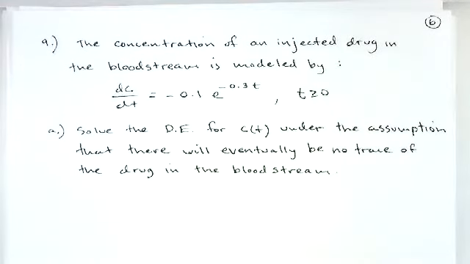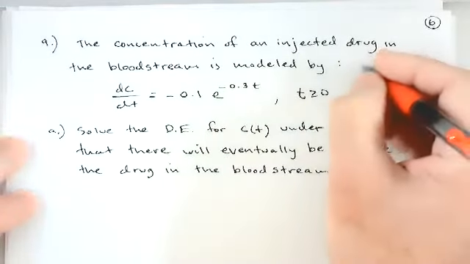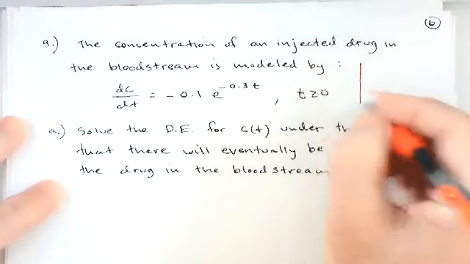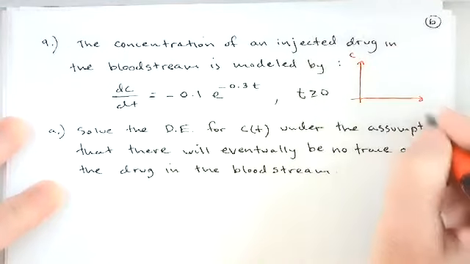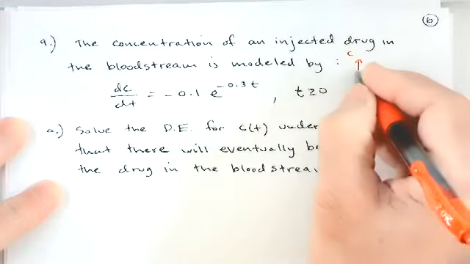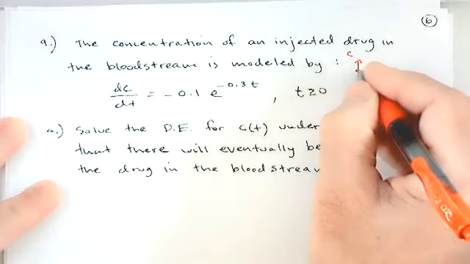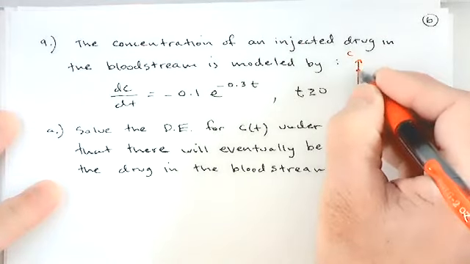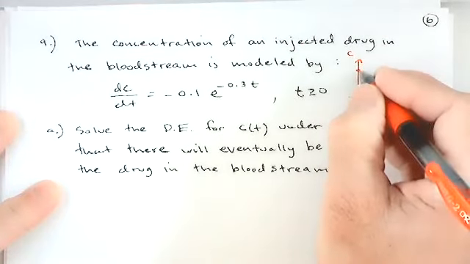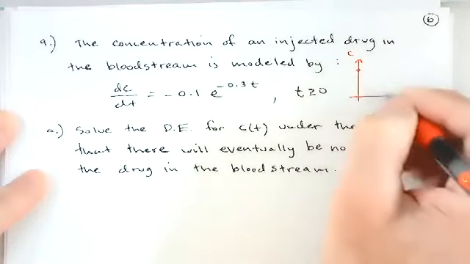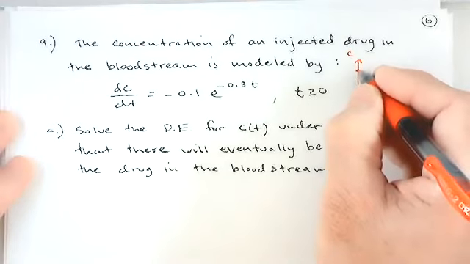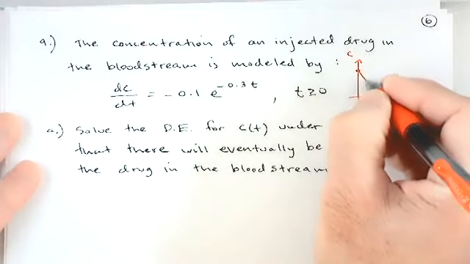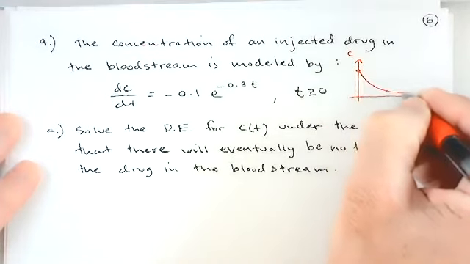Like if you get a one-time injection, and this is the concentration of the drug over time, you're going to immediately, all of it goes to the bloodstream, right? If it's an injection. And what would you expect to happen to the concentration of the drug over time in your bloodstream? Well, your body's going to process it, right? It's going to process it and then eliminate it from the body. So what I would kind of expect to happen is your concentration is going to kind of diminish slowly over time, something like this.